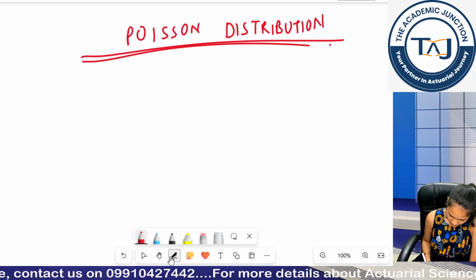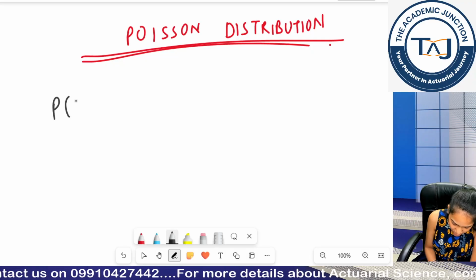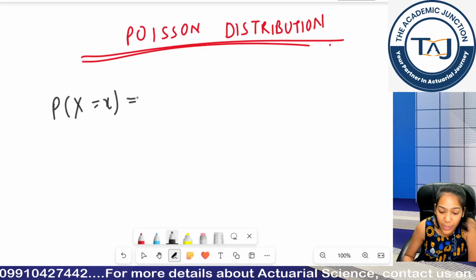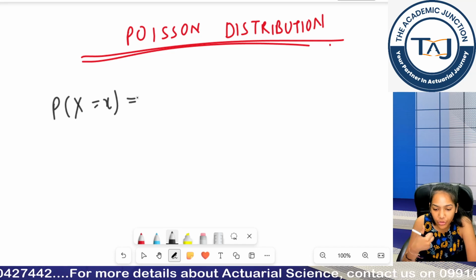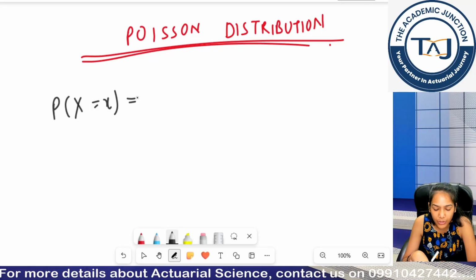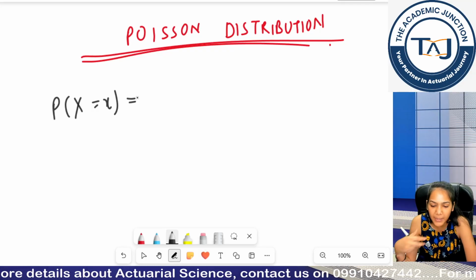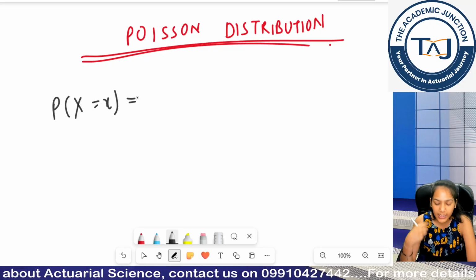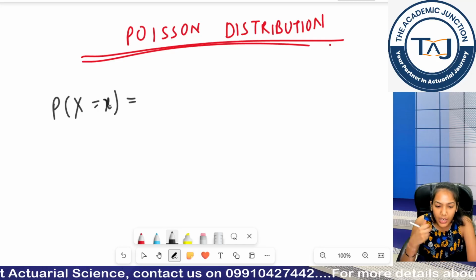This is one of the distributions whose probability function you should learn wholeheartedly. First, you should learn the distribution function of the binomial. Second, the Poisson distribution. Even though you have those in the tables book, since they are used regularly and more frequently, it is required that you remember them wholeheartedly.